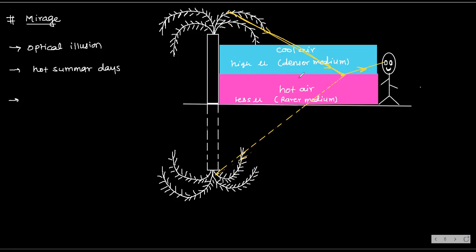When light travels from denser to rarer, total internal reflection takes place, and due to total internal reflection, the surrounding object appears inverted.